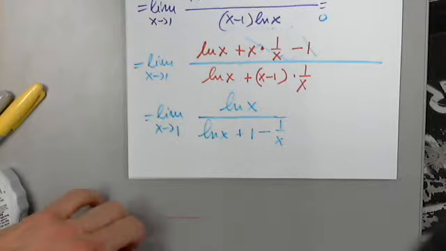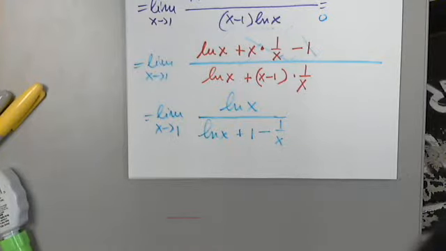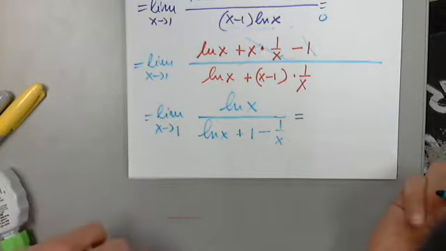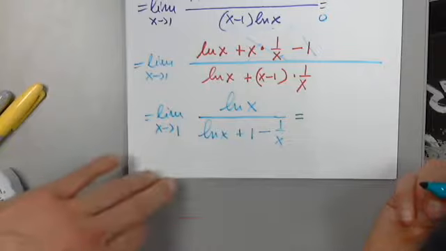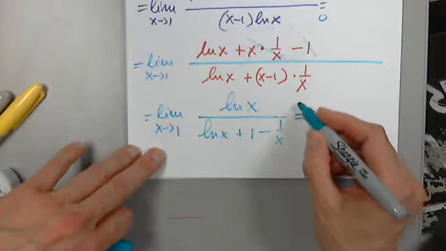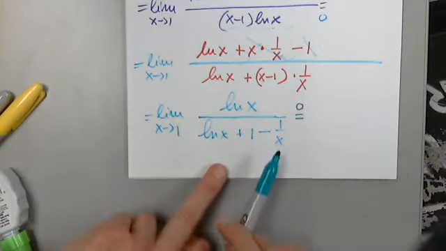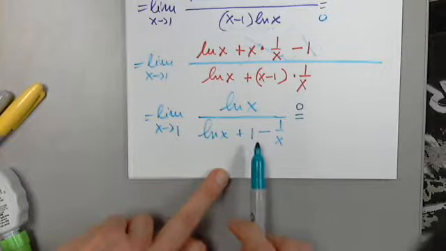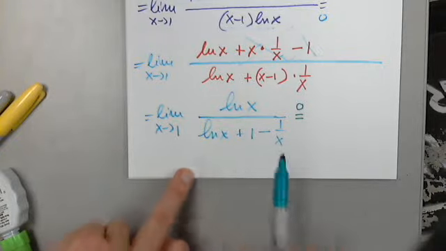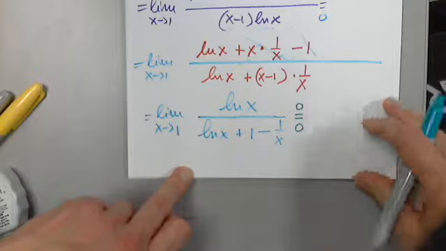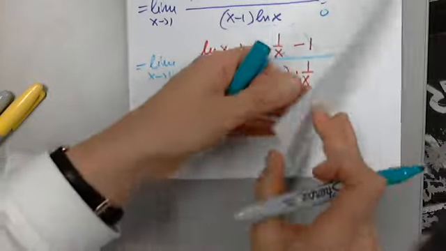Is that okay? I have no choice, but I have to test again. The top goes to 0, very good. The denominator goes to, this is 1 minus 1, 0. Okay. Still have hope.